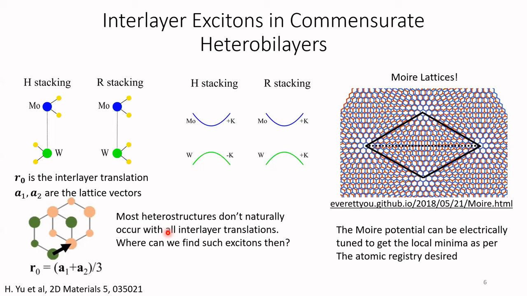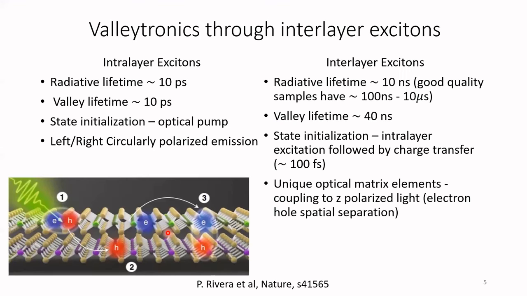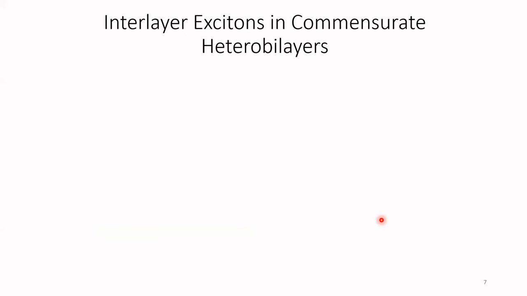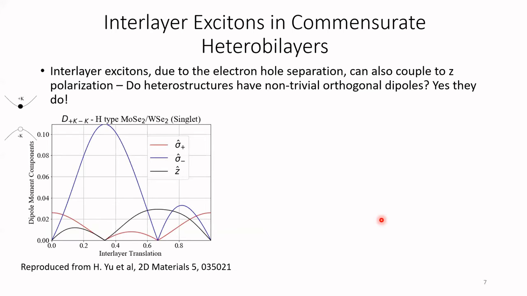But intuitively, you don't expect them to be in-plane circularly polarized, because the electron and hole are spatially separated in the z direction. So you'd expect there to be some z dipole moment, and hence coupling to z-polarized light. And luckily, it turns out that that's true.